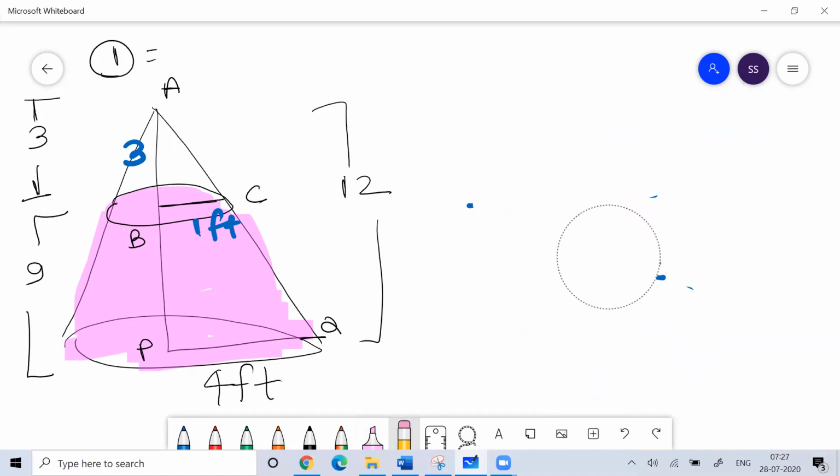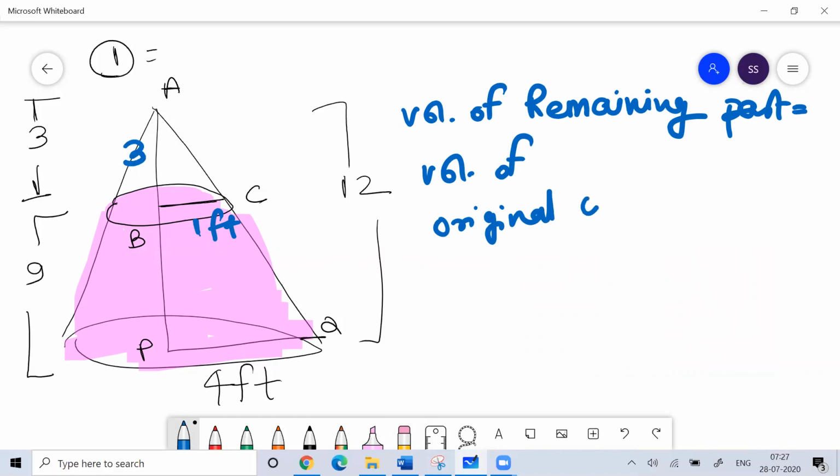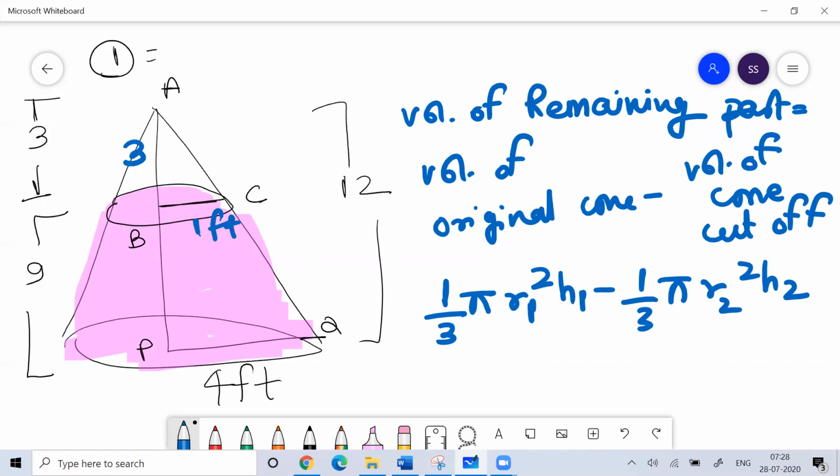So the volume of the remaining part, the frustum, is equal to the volume of the original cone minus the volume of the cone which is cut off. The volume of the original cone is 1 by 3 pi r1 square h1 minus 1 by 3 pi r2 square into h2.